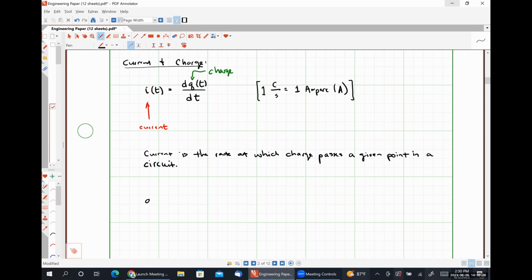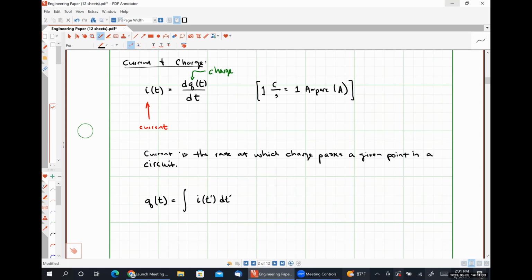We can do a little bit of mathematical manipulation. So if we were to know the current and we want to figure out the charge, we can say that mathematically, charge is the integral of the current with respect to time. I want to be very clear here. The T prime notation that I'm using does not mean derivative. Okay.